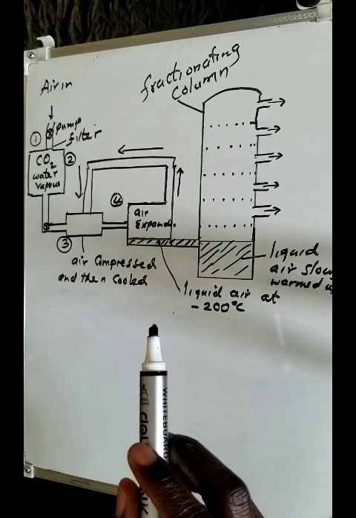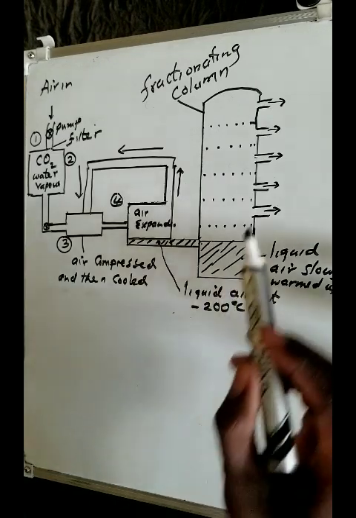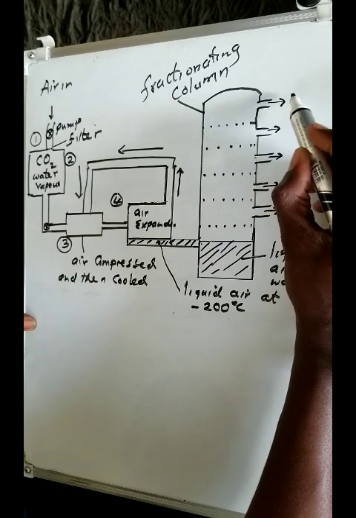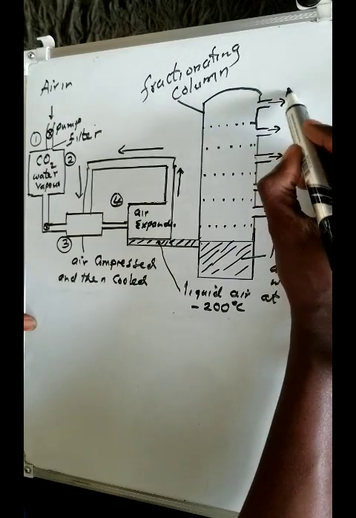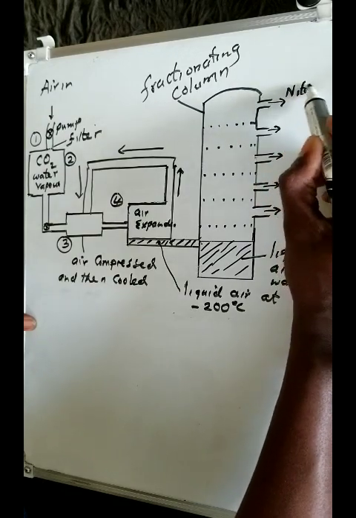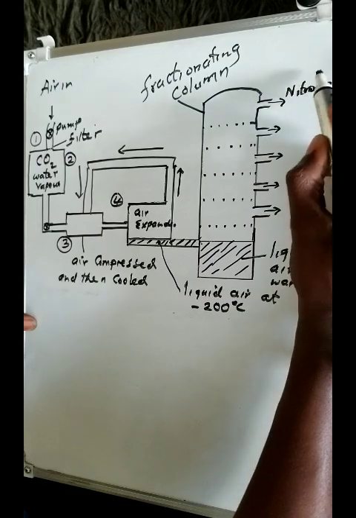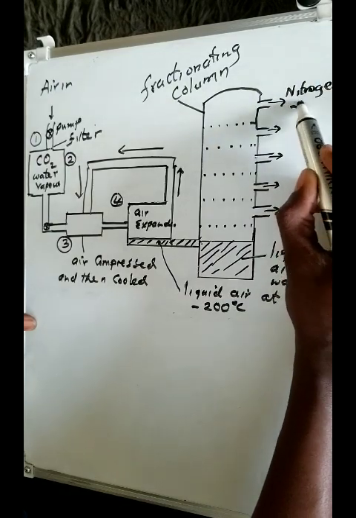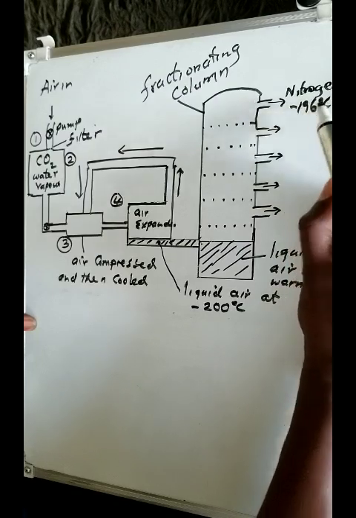So nitrogen is going to be collected first at the top, and the boiling point is approximately -196 degrees Celsius.